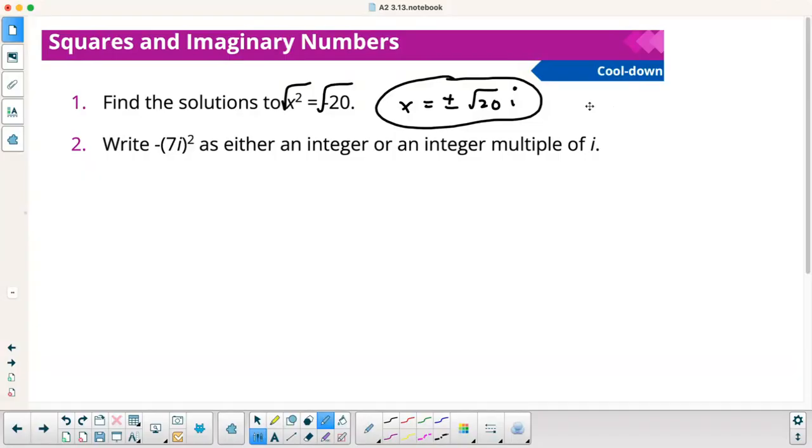To me, the square root of 20 needs to be simplified. You need to rewrite 20 as a product of two factors with one of them being a perfect square. So 4 times 5 gives me 20, and the square root of 4 is 2. So this would be the best answer because this is simplified.